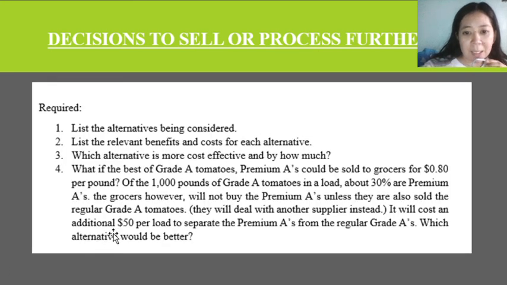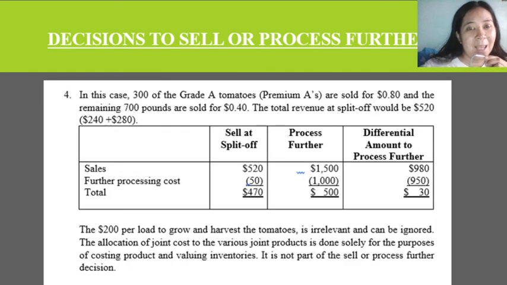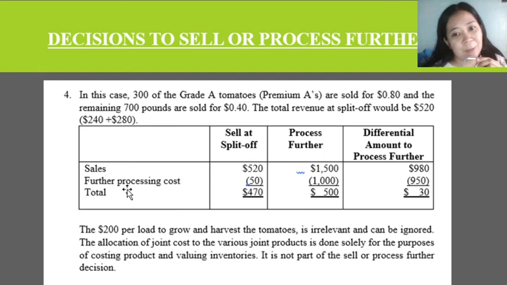Because in this case, if you can notice, it will cost an additional $50 per load to separate the premium A from the regular A. That's why we have here the further processing cost of $50. So the net benefit is $470 if we sell them at split off point as tomatoes, being grade A and premium A's.